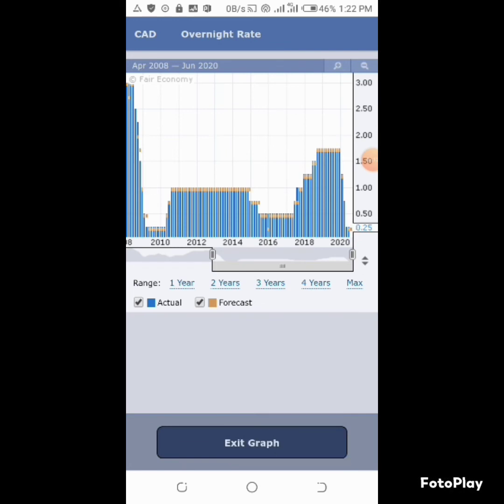So for today's news, being 3rd of June 2020, they have predicted that Canadian overnight interest rates for Canadian dollars, as released by BOC, Bank of Canada, is going to be 0.25. You see this brown forecast, this thing is up, meaning that if that happens, Canadian dollars is going to rise a bit.